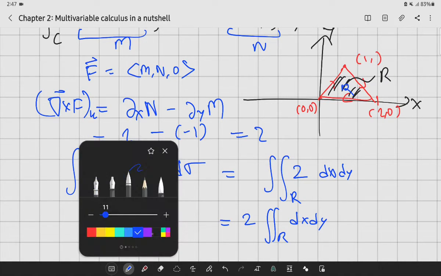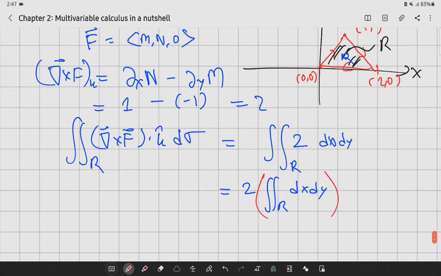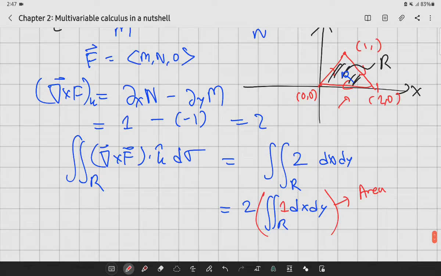Now what does this integral exactly give me? We've discussed in the first lecture of this chapter that the area integral of 1 simply gives the area of the region. And this is simply a triangle, right? What is the area of a triangle with base 2, height 1?